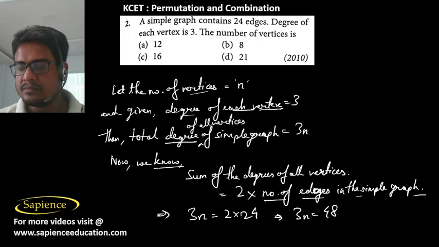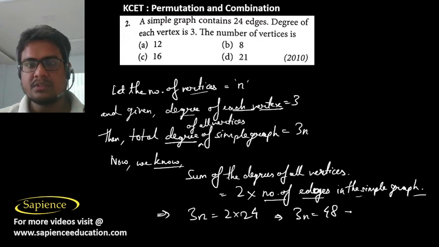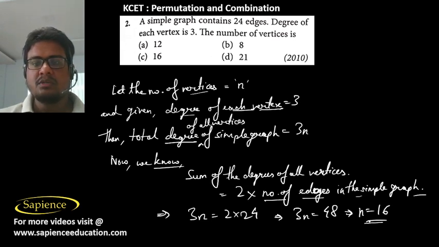So n will be equal to 16. So the number of vertices is 16. So option C is the correct answer.